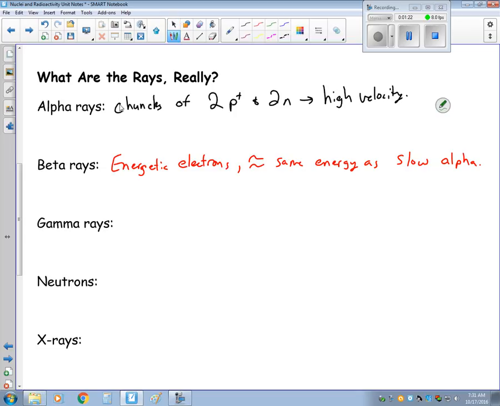Gamma. These are packets of very energetic light.